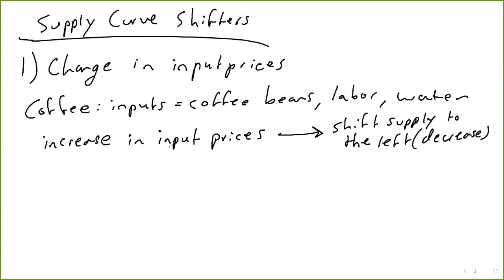Right? So as the input prices increase, the profitability of each unit of the good is going to decrease, since the costs of producing that is increasing. So graphically, if this is our supply curve, once input prices increase, we're going to shift back like this.